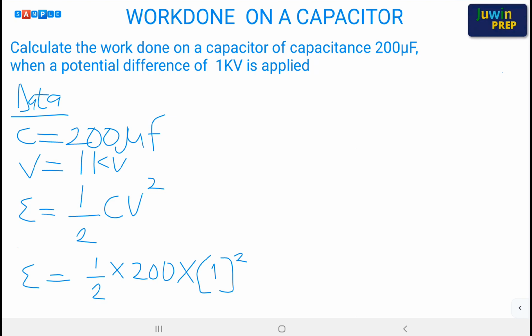So continuing, E would be 1 over 2 times 200 times 1, because 1 times 1 is still 1. Now we multiply through: 1 times 200 times 1. I will go again, watch. 1 times 200 times 1.